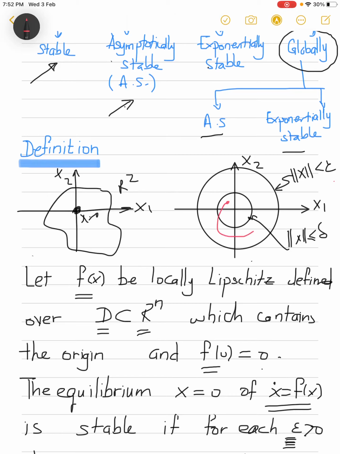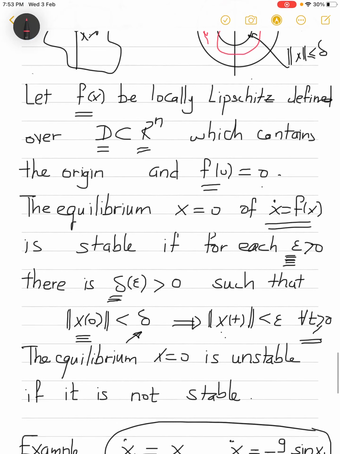So it can move like this, for example, but it will never leave the bigger ball of radius epsilon. So if that's satisfied, then we say that the system is stable.